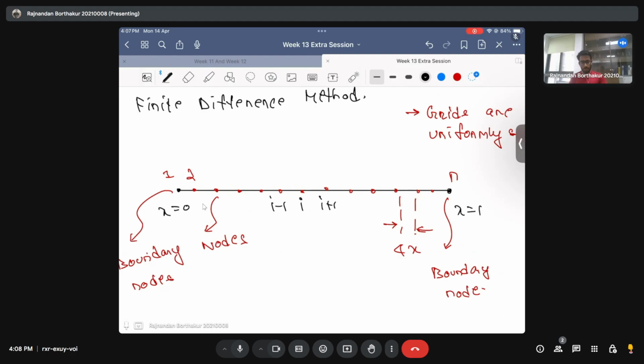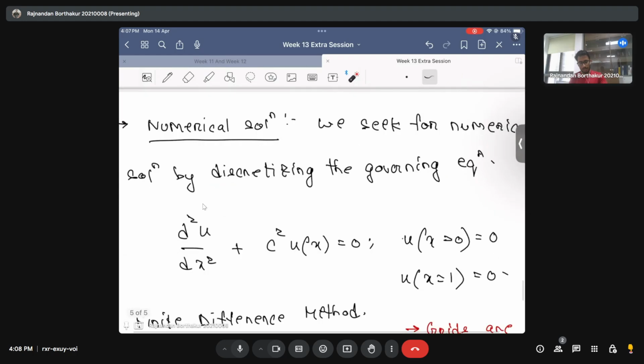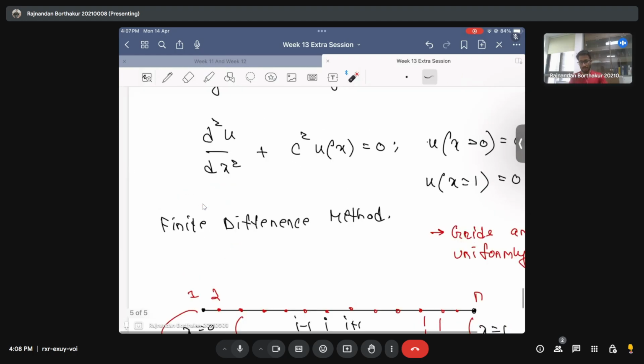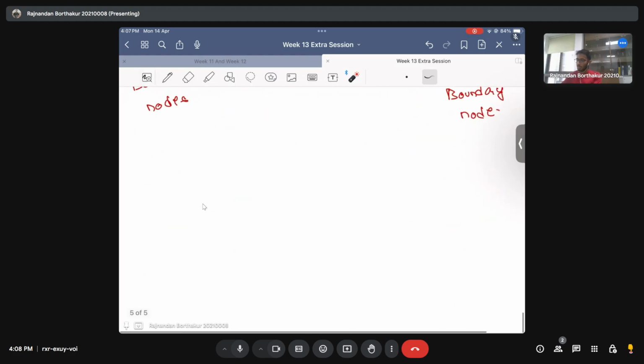And what you do is you calculate all these derivatives in any generic node I. For instance, I'll not prove this, but you can very easily show this by Taylor series expansion.